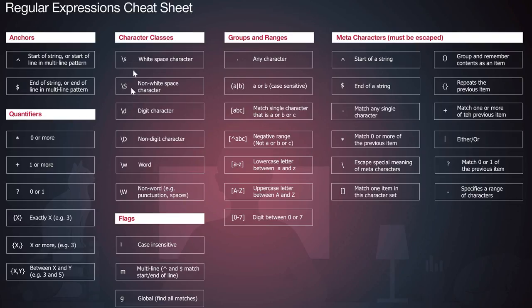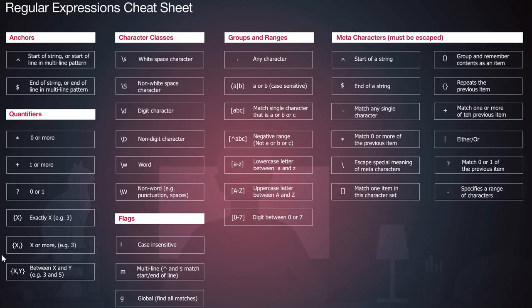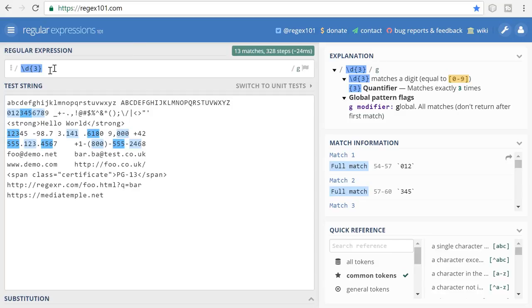If we go back here under character class, you'll see that \d is a digit character, and I follow that with the curly brackets 3, which matches the number exactly this many times. So this will match any 3-digit character, and this is exactly what it's doing here. It's matching all the 3-digit characters.